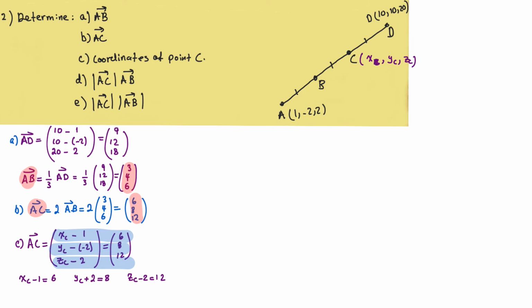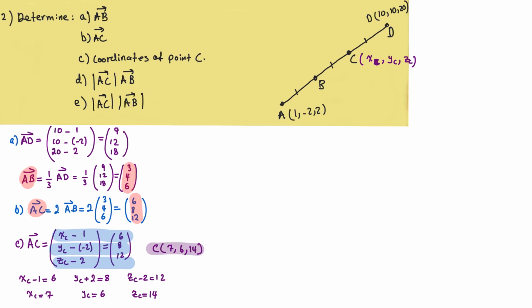For the first one, I'm going to add 1 to both sides to get 7. For the next one, I'm going to subtract 2 from both sides to get 6. And for the last one, I'm going to add 2 to both sides to get 14. And therefore, C will have an x value of 7, a y value of 6, and a z value of 14. And that is my final answer for part C.